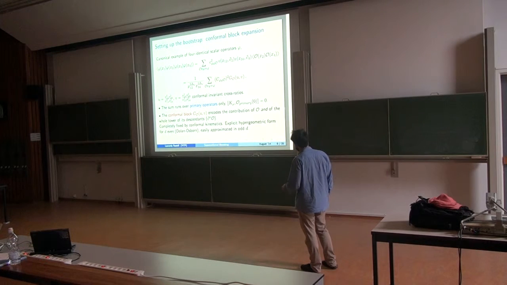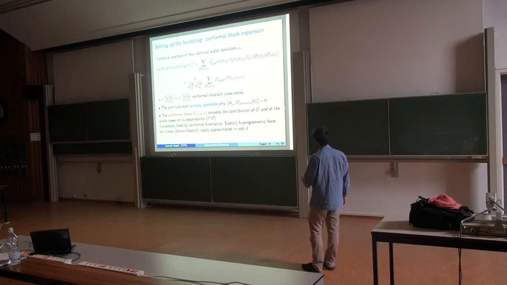And so clearly, given that we have conformal symmetry, we can restrict the sum to the primaries rather than to the whole tower of descendants. We just restrict to the irreducible piece, if you will, and then let kinematics compute for us the contribution of the sum of the descendants.